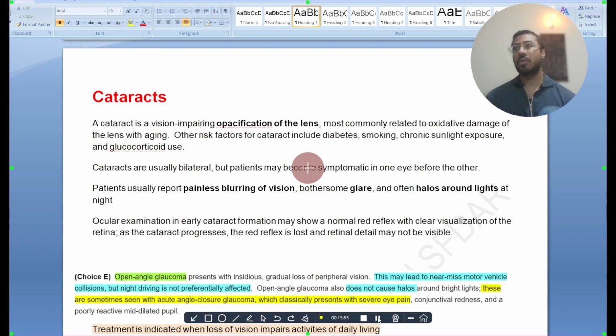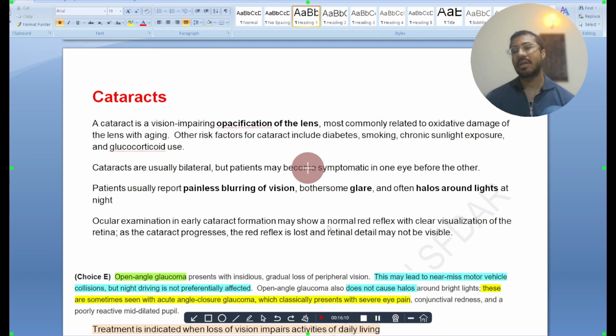So initially, when the cataract is developing in the early stages, if you detect it at that time, the red reflex, which is basically the reflection of the retina, is really fine, and you can also visualize the retina on retinoscopy and ophthalmoscopy.